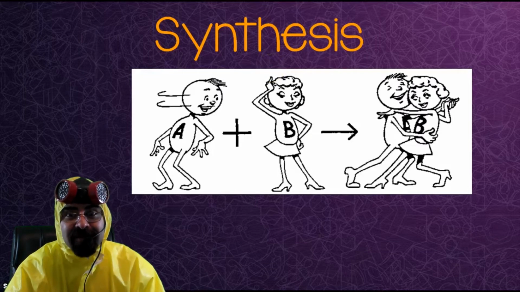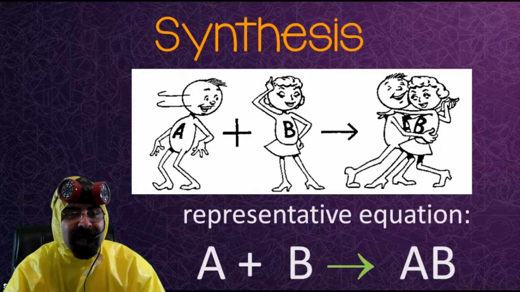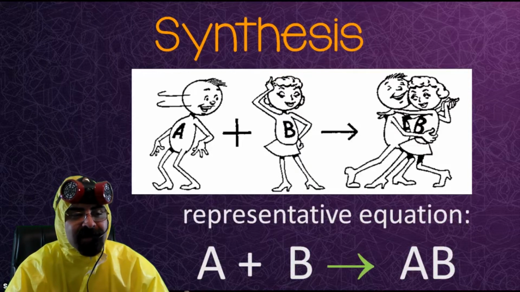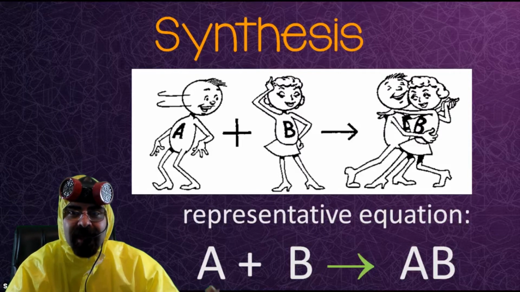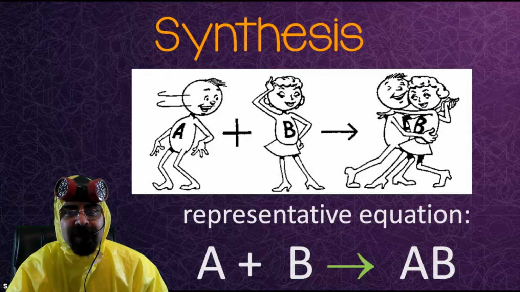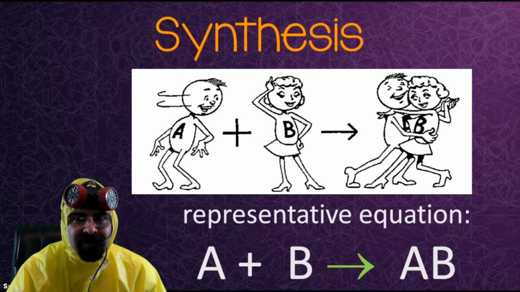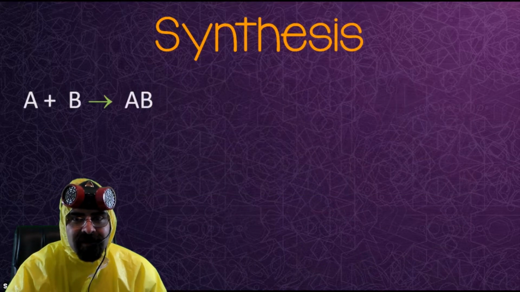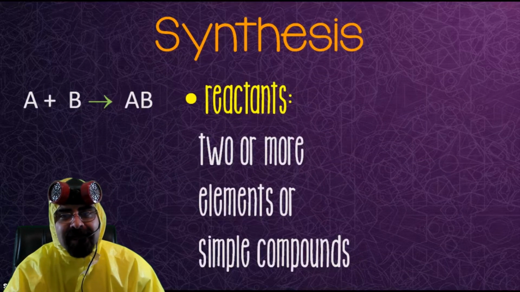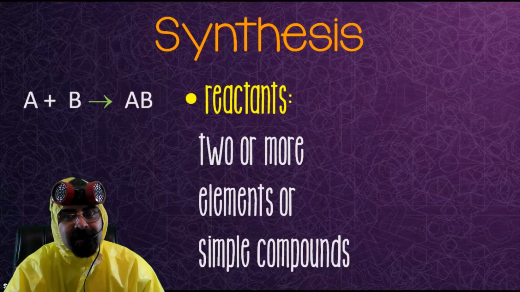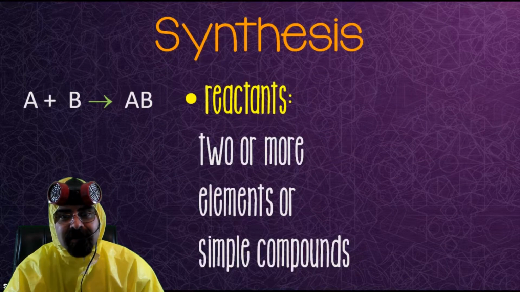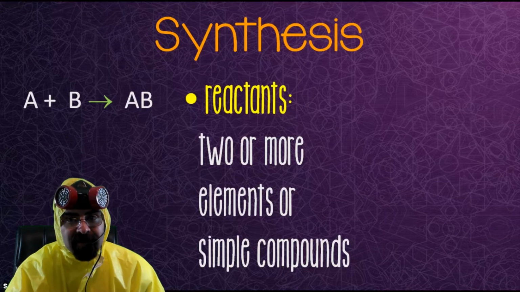The representative equation would be A plus B. Two individuals yield AB. One compound, one couple. Now, the reactants are two or more elements, or single compounds, simple compounds, or combinations of both.